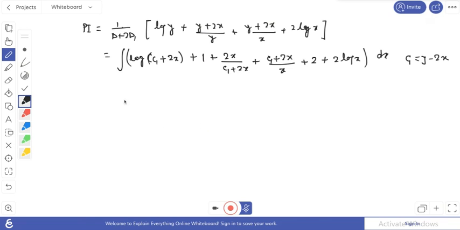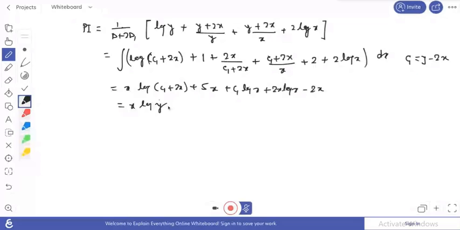So this equals x log c1 plus 2x, and here this is 5x. So this is c1 of log x, 2x log x minus 2x. So this equals x log c1 plus, again we put c1 in terms of y.